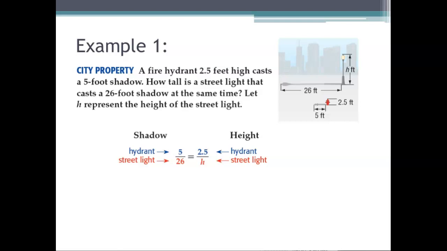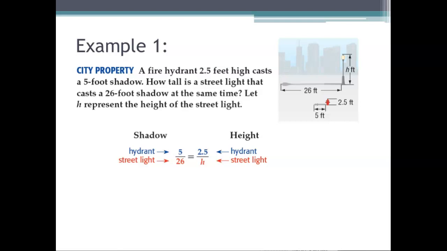Now on the right-hand side of this proportion, I'm going to have the height. I'm going to keep this consistent and have the hydrant's measurements in the numerator. So the hydrant's shadow is in the numerator, so the hydrant's height will also be in the numerator. And that was given to us as 2.5 feet.